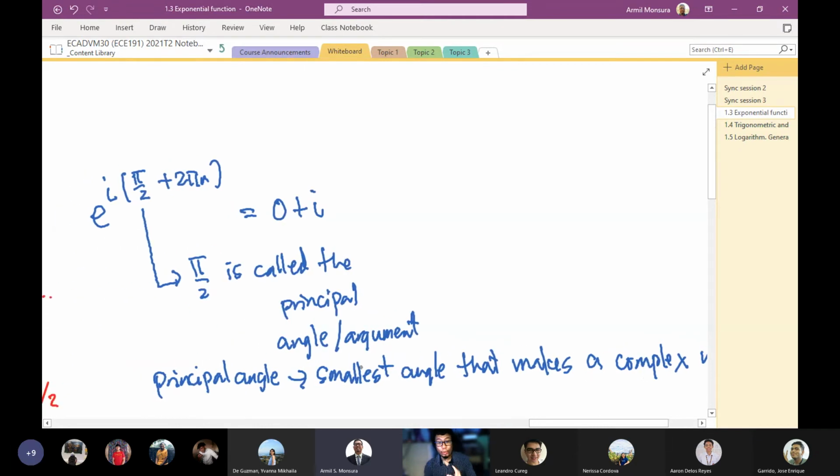Okay? So that is the smallest angle that makes a complex number uniquely located on the Cartesian plane.